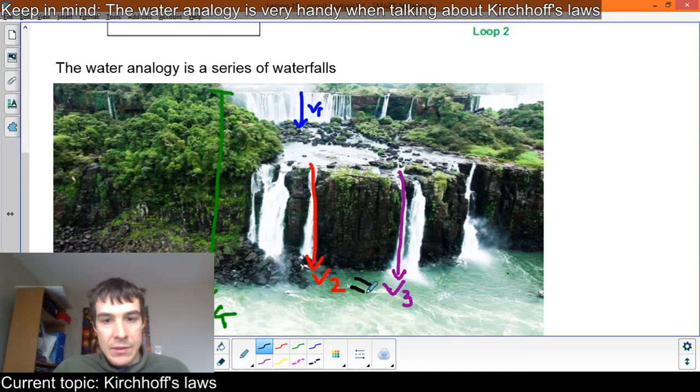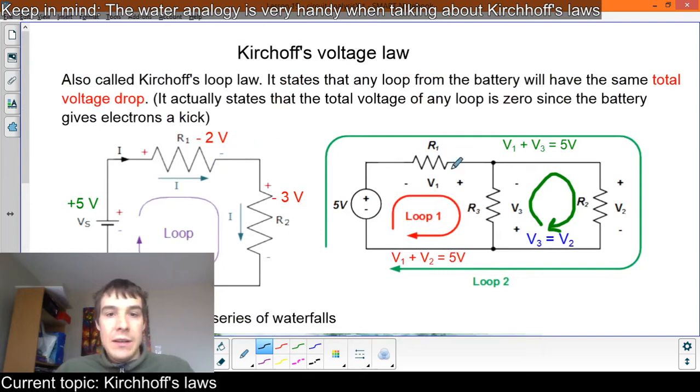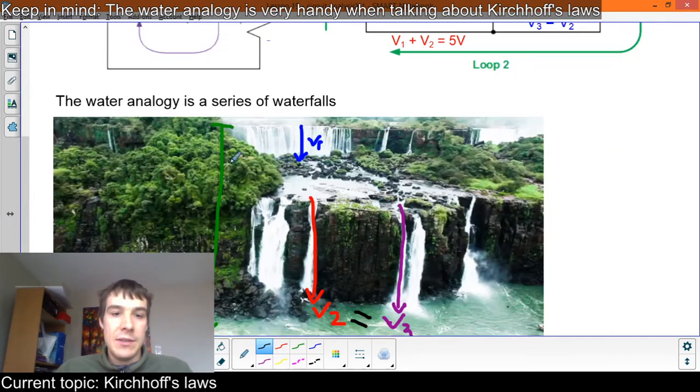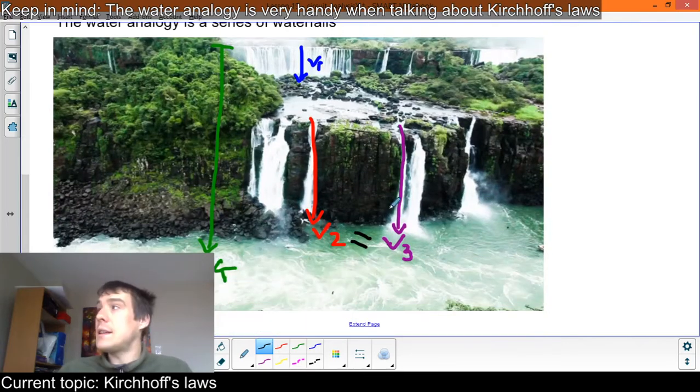And V1 plus V2 has to equal VT. That's Kirchoff's voltage drop rule, right? This idea that this plus this must equal the total height, which is what the battery, the pump, is kind of providing. That's the idea behind Kirchoff's voltage law.